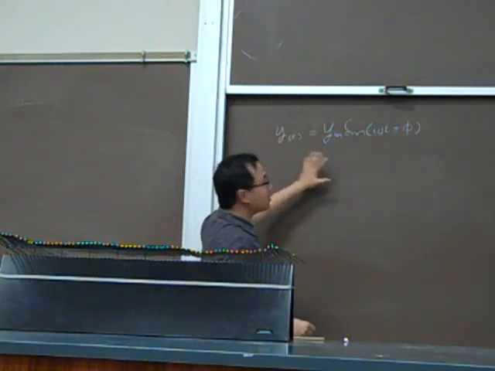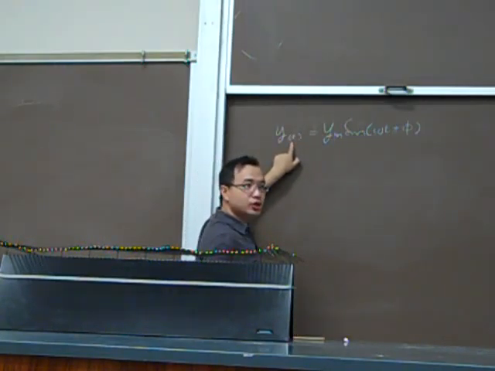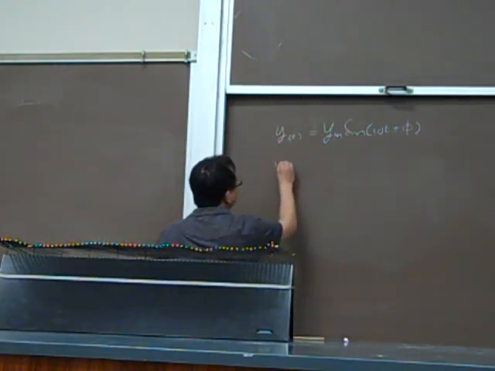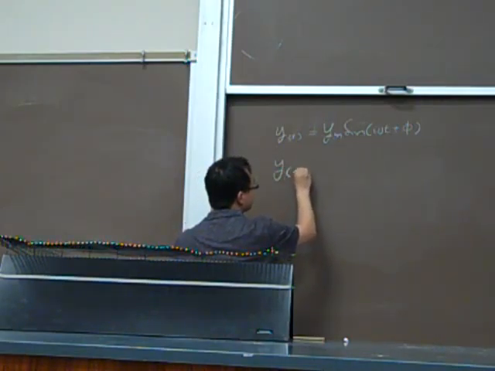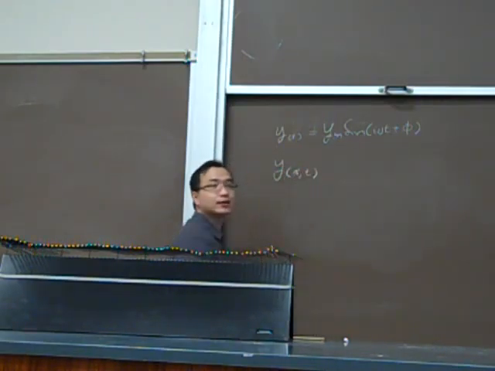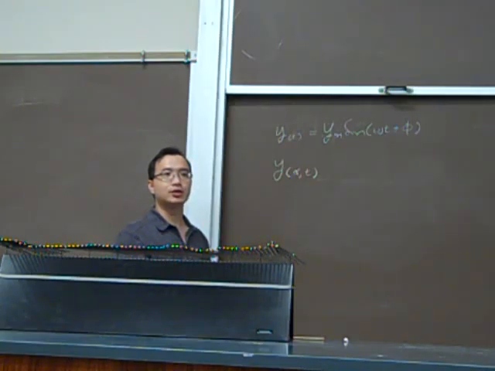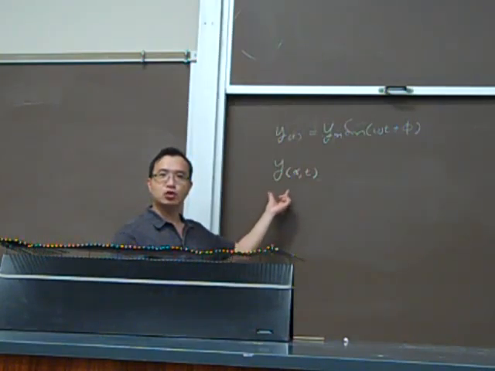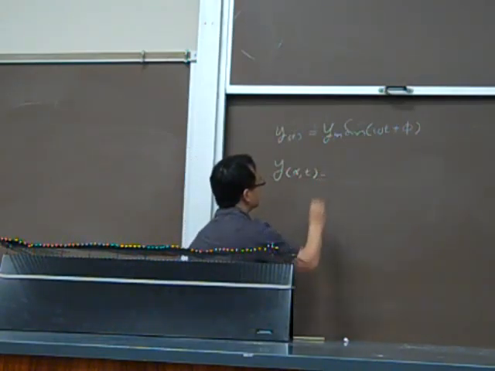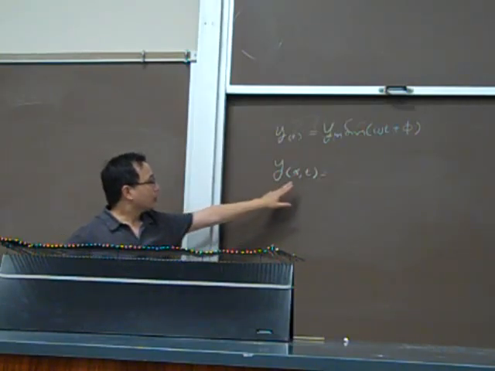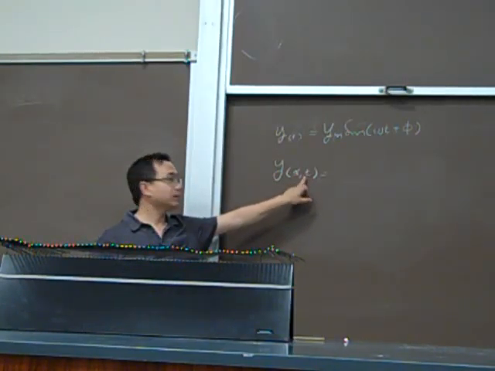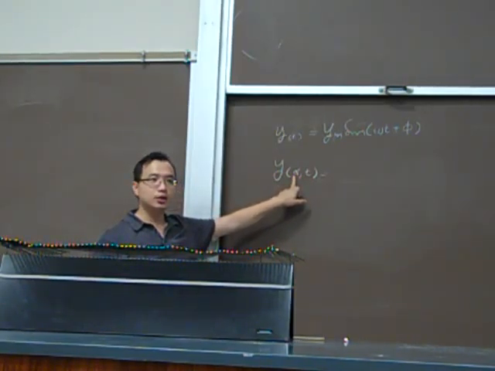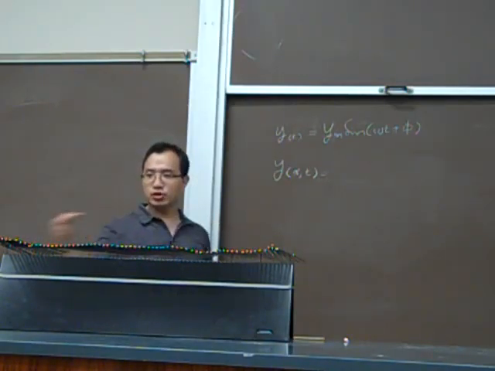Now, if we have many points, the function y should be a function of both position x and time t, right? So this is a two-variable function to describe a wave. t means the time, x means horizontal position.